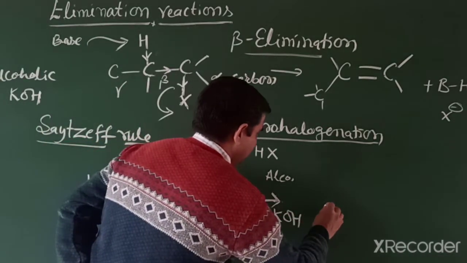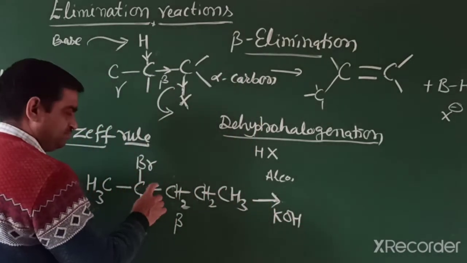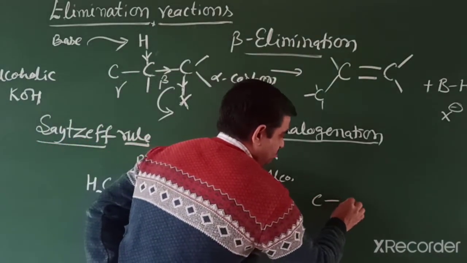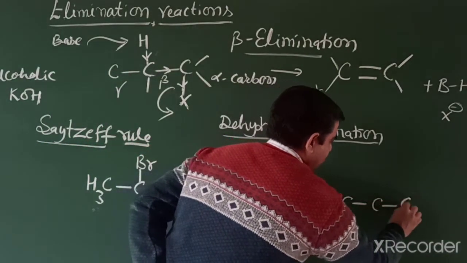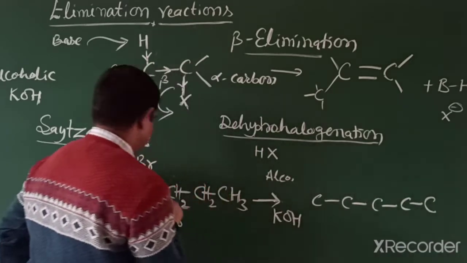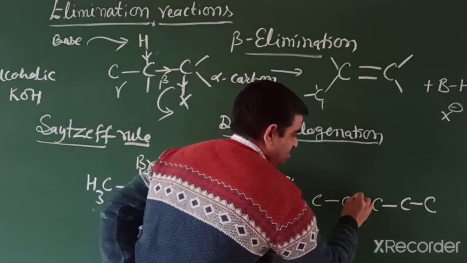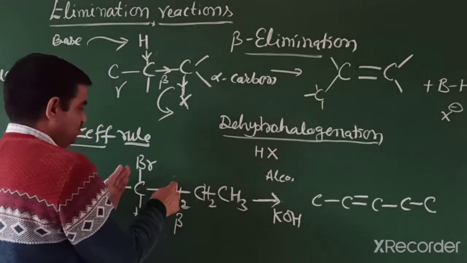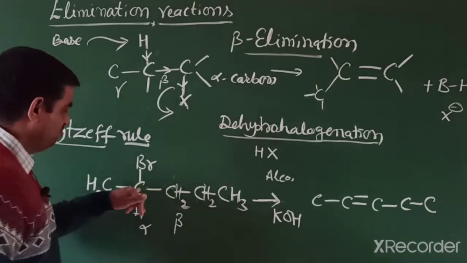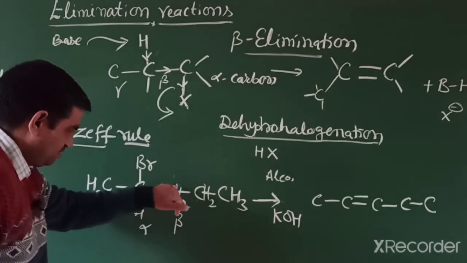So we get an alkene, with a double bond between the second and third carbon, because hydrogen and halogen are removed from the third carbon.